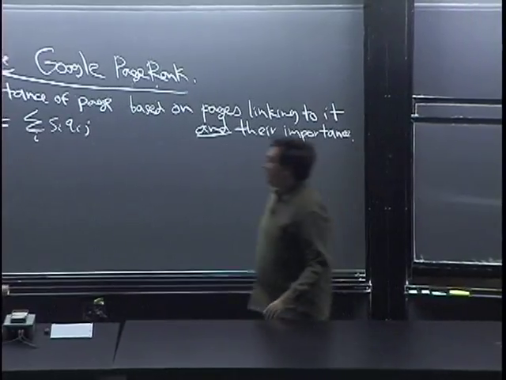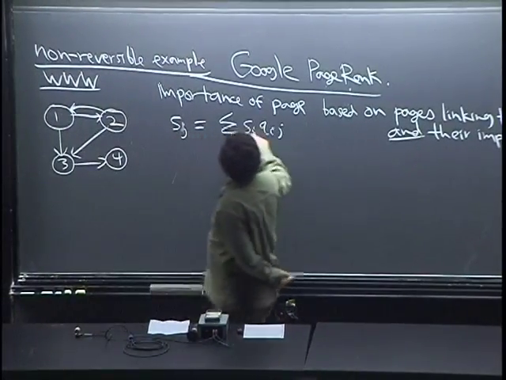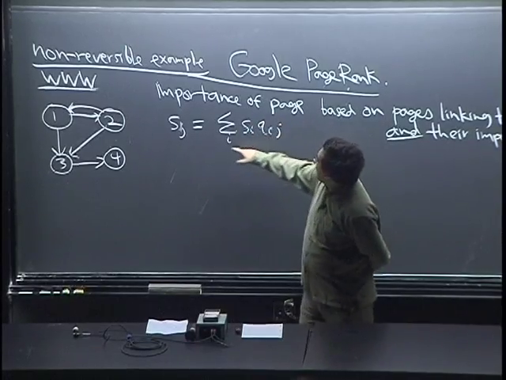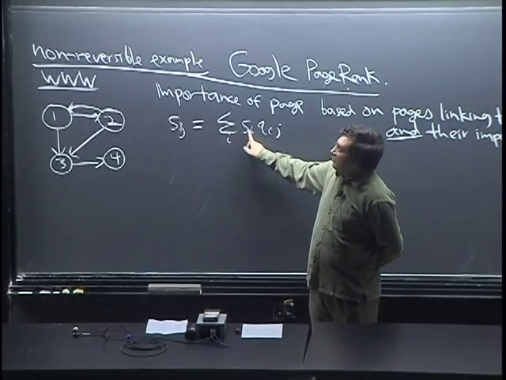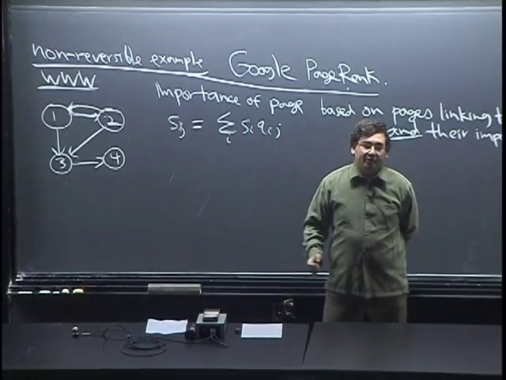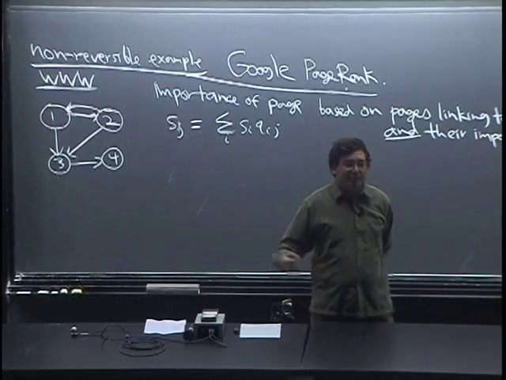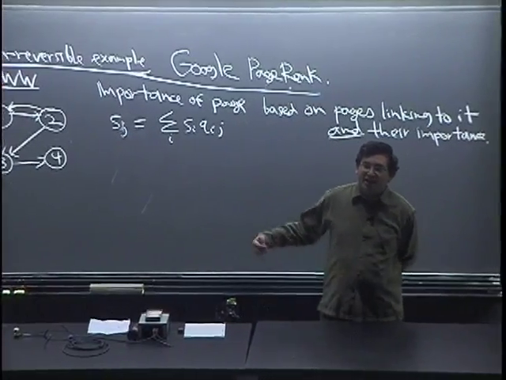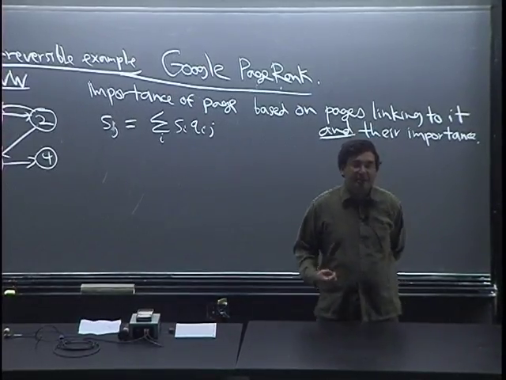Well, a simple thing to do would just be to let the score of the jth page be the sum of all the scores, summed over all i that link to j, right? So in other words, you're thinking of an incoming link as recommending that page, and you add up all the scores of the recommenders, right?